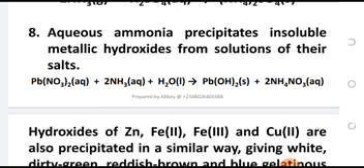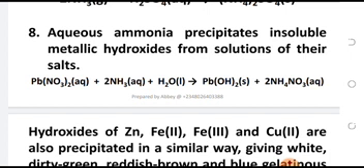Precipitate, that is, it brings out the precipitate of these metallic hydroxides. This particular reaction is used in qualitative analysis to test for some cations like lead, zinc, aluminium, copper, iron, and so on. So we are going to see some of them here.